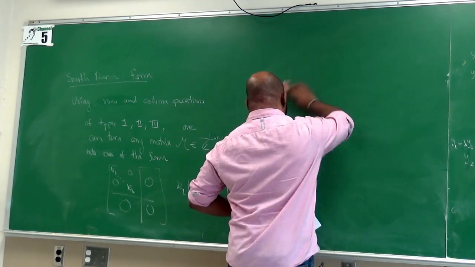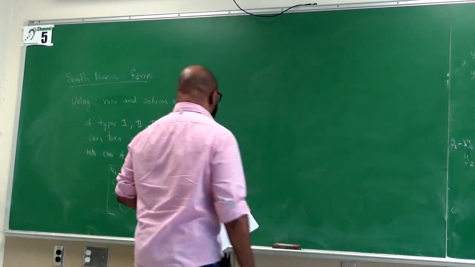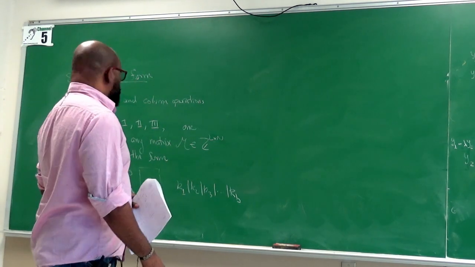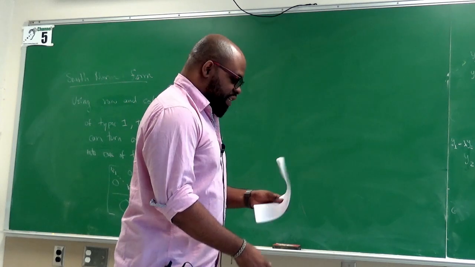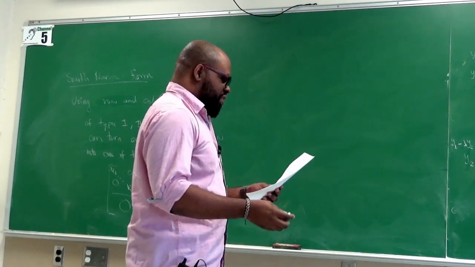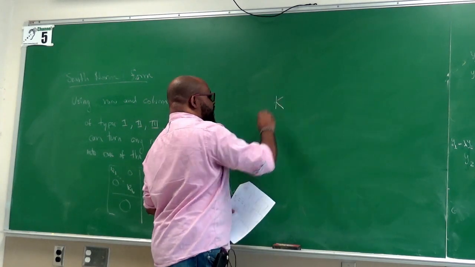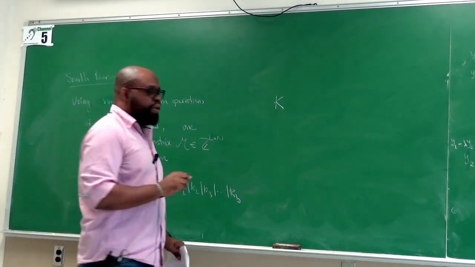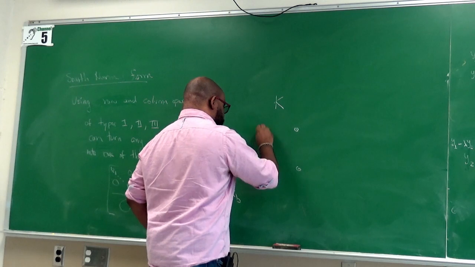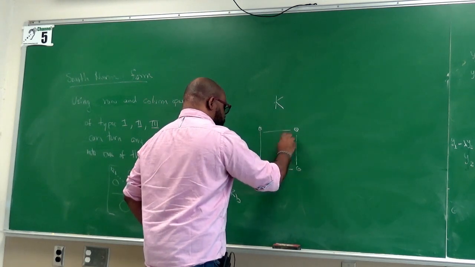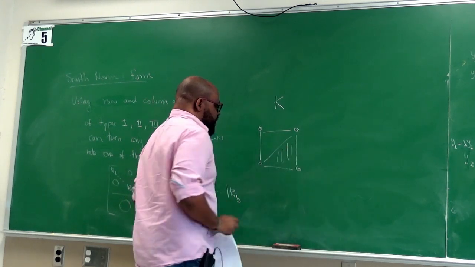So let's start with the complex K, which is going to be the following. It's going to have 4 vertices, and it's going to have this triangular face.